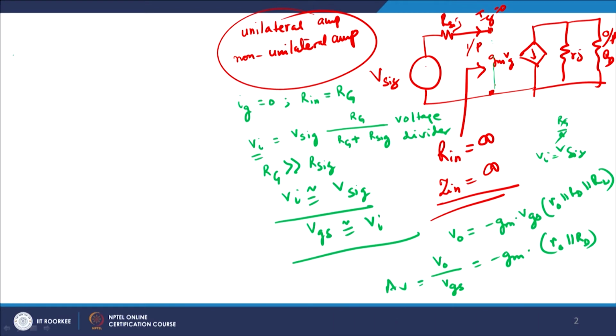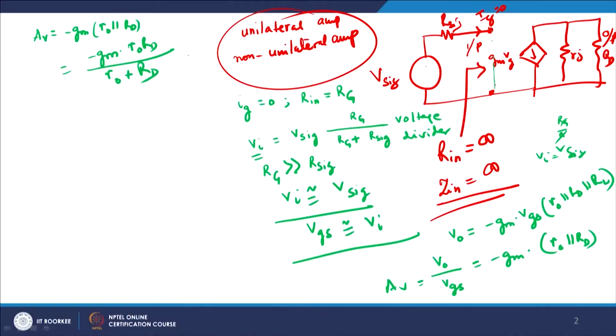So the voltage gain AV for a common source amplifier is Gm times Ro parallel to Rd, and if you solve it, I get minus Gm times Ro Rd divided by Ro plus Rd. Is it clear?